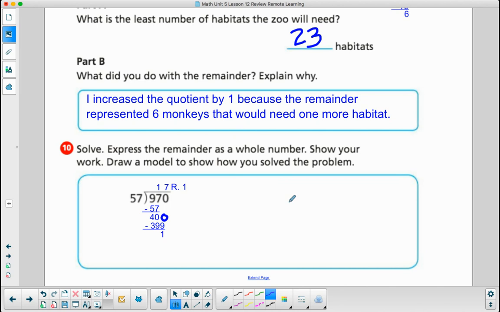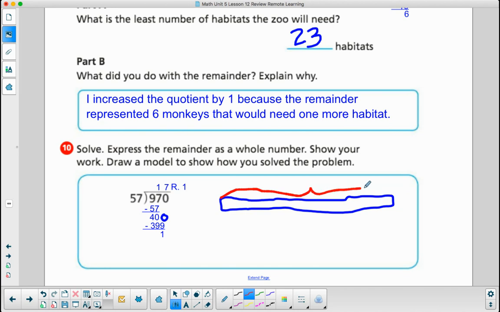Another thing, if you pay attention to Mr. Springer very much, he likes to use what he calls candy bars, but a bar model. And I have 970, that's a lot.